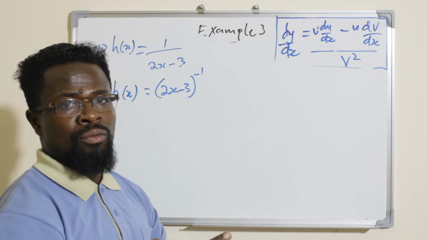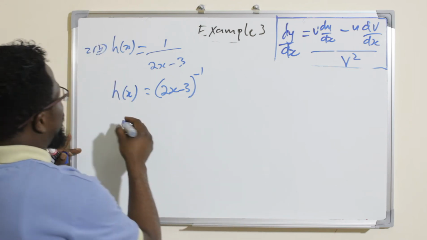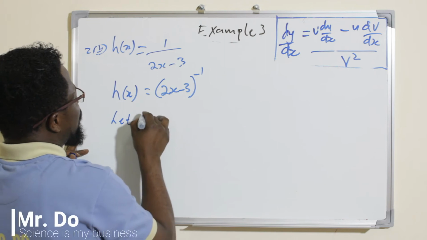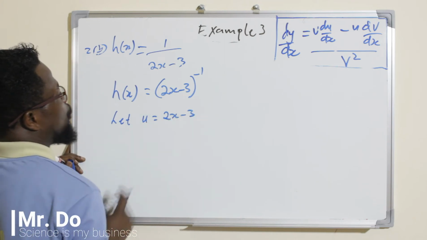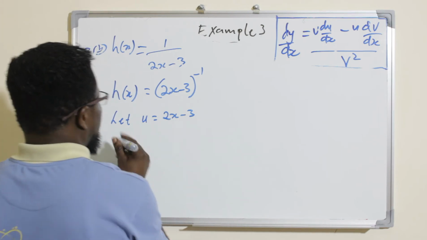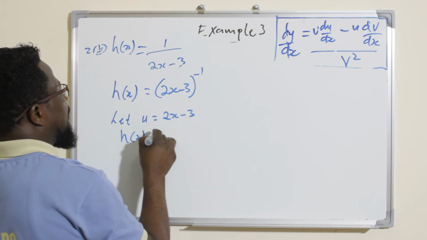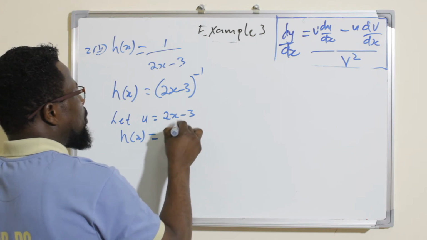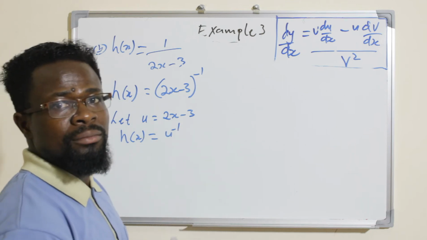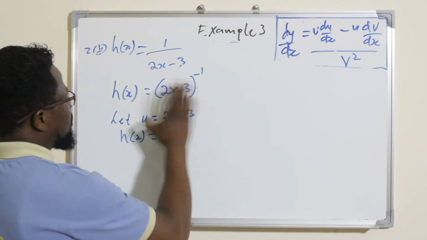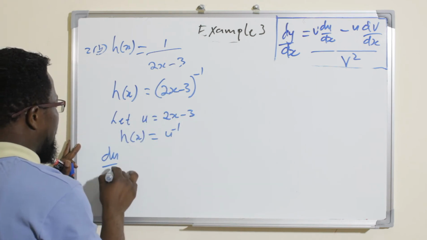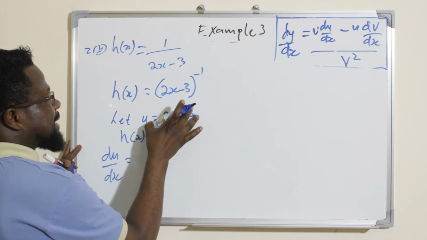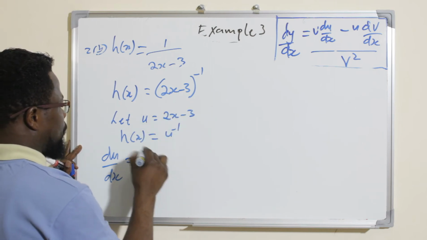The chain rule. If I can apply the chain rule, I will let u be equal to 2x minus 3. So this is u, and then my h of x is going to be u exponent negative 1. Now I have gotten what I want. Now I can find du dx. Du dx here is just going to give me 2.